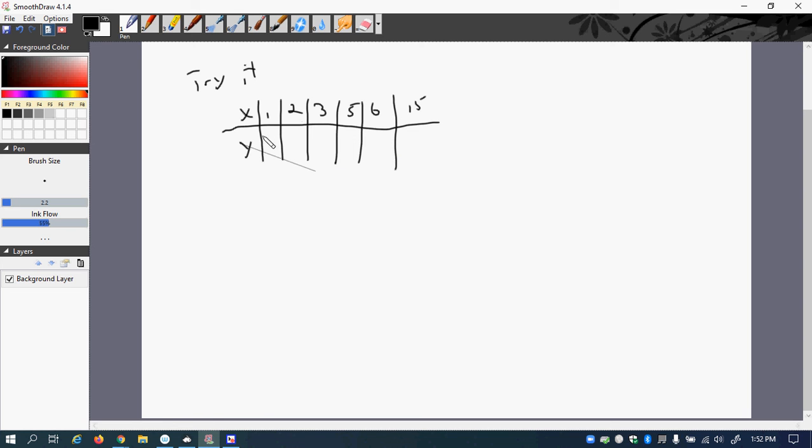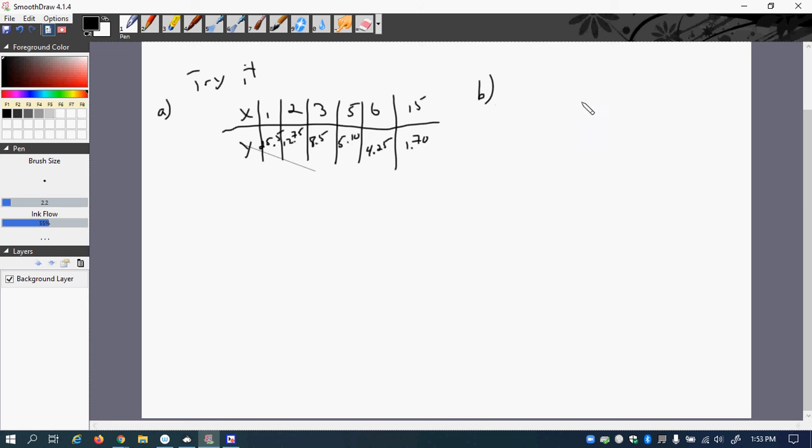And then we have 25.5, 12.75, 8.5, 5.10, 4.25, and 1.70. And then this will be the one to try first.